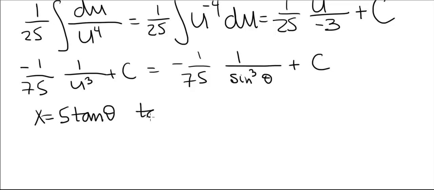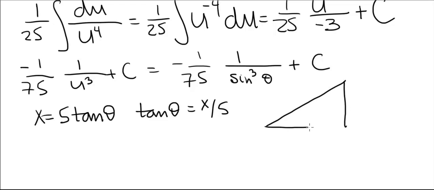So tangent of theta is equal to x divided by 5. And if I draw a right triangle with angle theta, and tangent is opposite divided by the adjacent, so the opposite will be x, the adjacent is 5, and then the hypotenuse will be the square root of x squared plus 5 squared, which is 25.